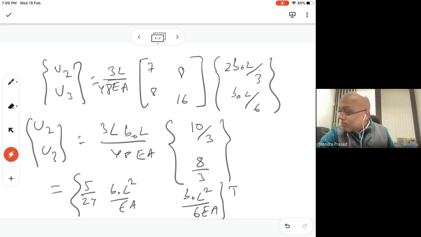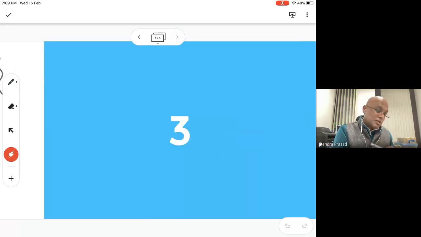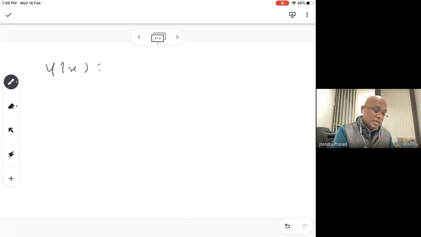The actual solution is Ux equal to B naught over EA, and you have Lx minus x square over 2.